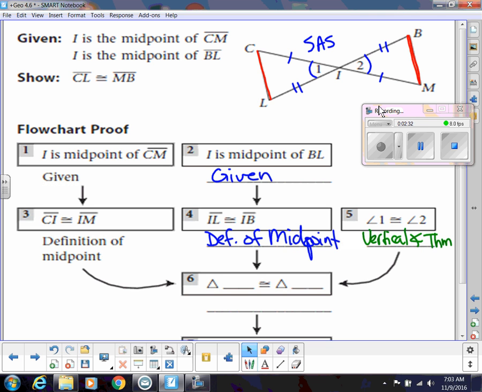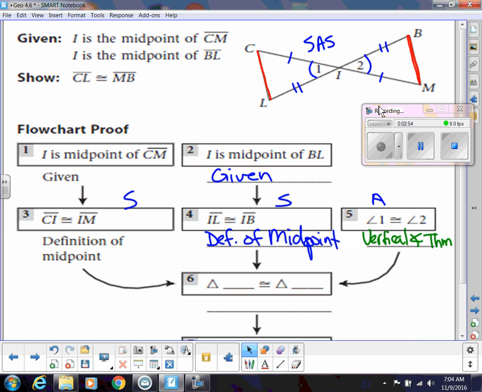So because of all of these, remember this is our SAS, so here's our S, here's our A, here's our S. Remember, they don't have to be in order of SAS in your proof. So I don't want you to think we're trying to do an illegal move here by doing SSA. That's not what we're doing. We are doing SAS, and we have to look at the diagram to verify that that's actually what we have.